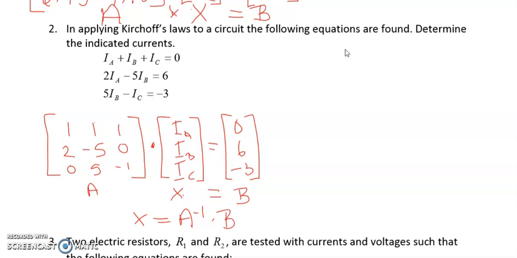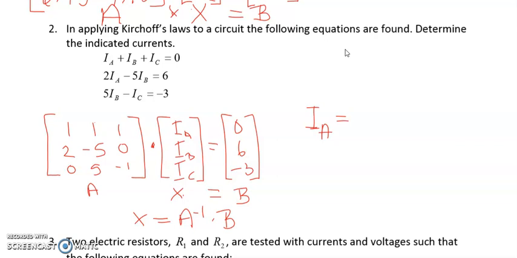So anyway, if you type it into your calculator, my calculator I think gave it back as fractions. You can give fractions if you want, but typically for a real world problem, you wouldn't give the answer as a fraction. I'll just write down now what the answers are for this one. All of this is shown anyway in the full workings. So IA is equal to, now this is current, I think that's amperes as well.